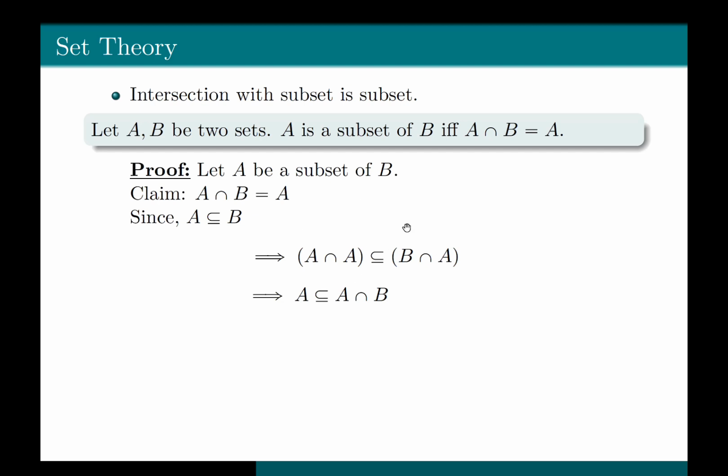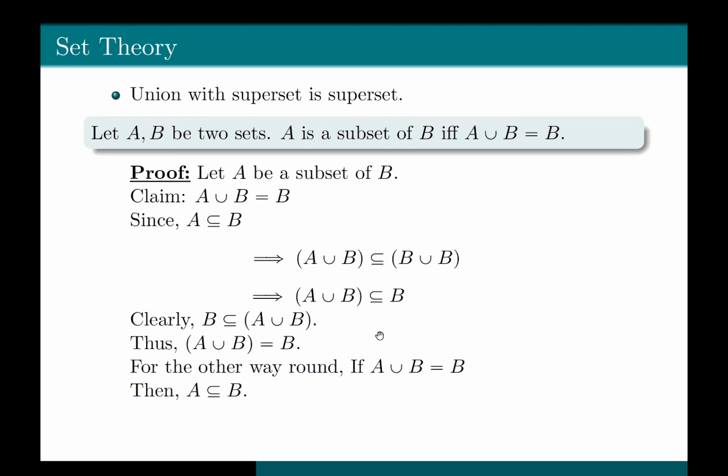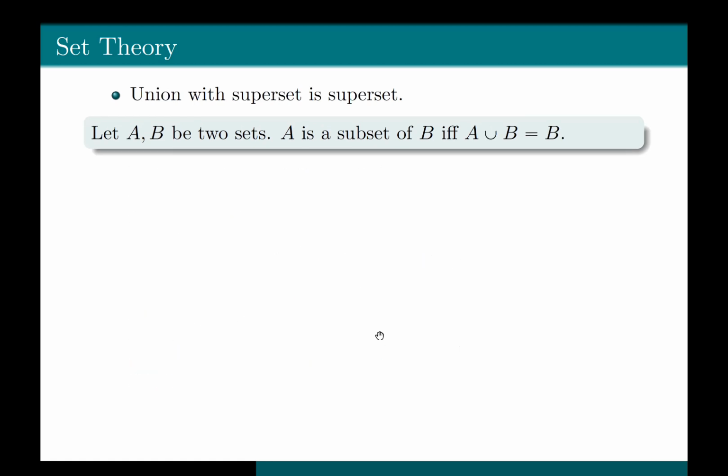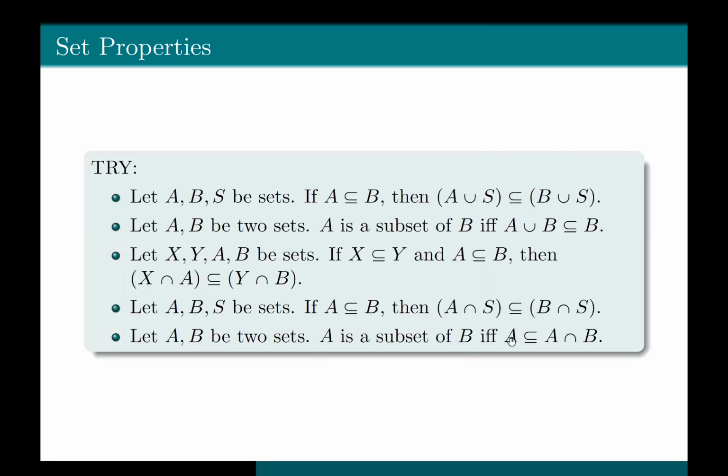Now you all must be wondering which property we really applied over here. If you quickly go back to the slide where I asked you to prove these results, the first two results are for union. The third result is the one I have written and asked you all to try for the intersection.